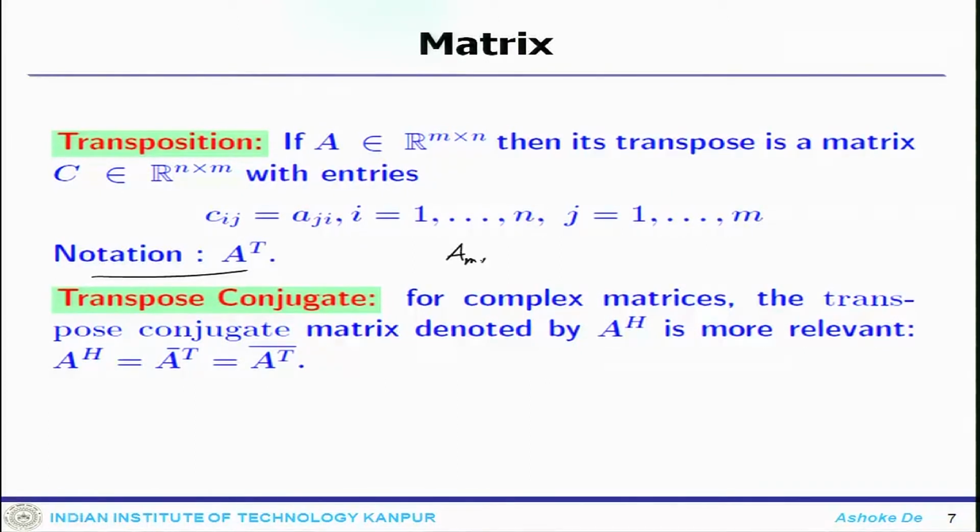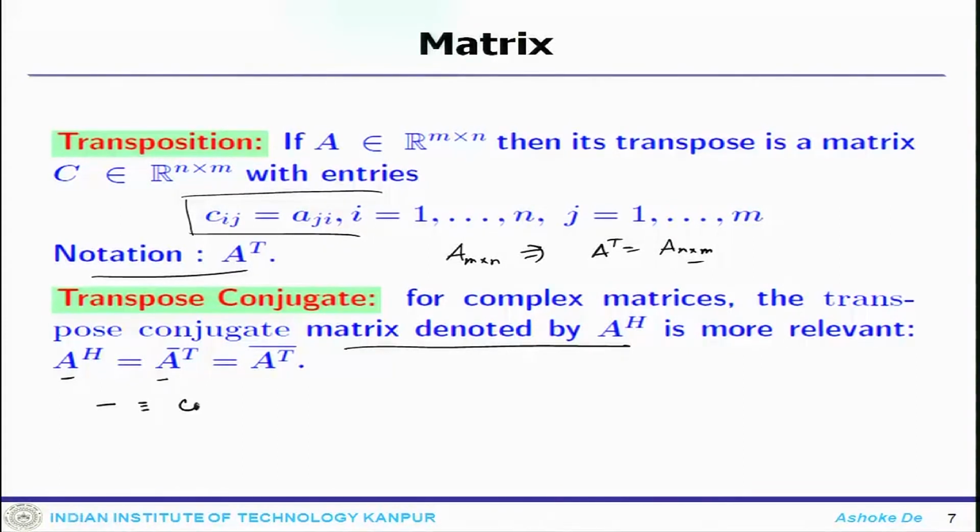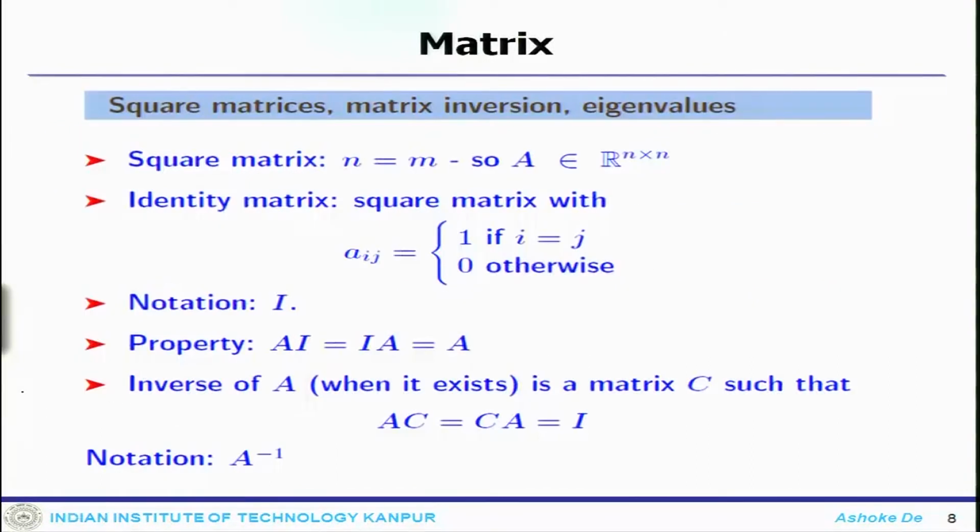So, if A is m by n, the transpose A^T is n by m, and you can symbolically write c_ij = a_ji. Then there is the transpose conjugate: for complex matrices, the transpose conjugate matrix is denoted by A^H. So, A^H is A bar transpose, where the bar represents the complex conjugate of the matrix. These are very important properties that you have for the matrix.